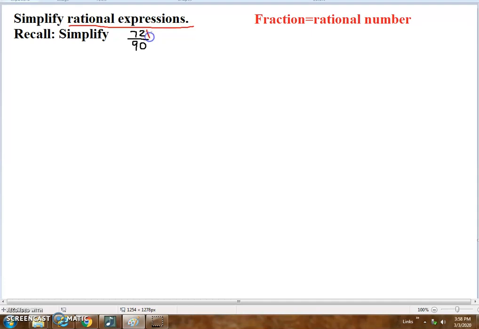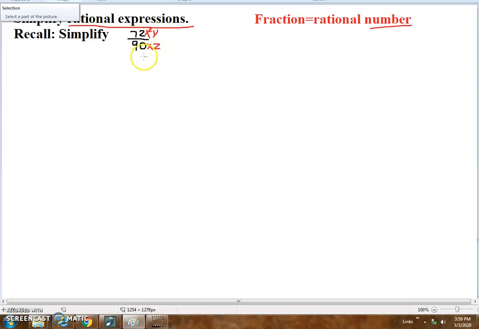If we put variables on the top, x squared y, or xz on the bottom, we call this a rational expression. Because we don't just have numbers in there, we also have variables in there. And that's why we call this a rational expression.